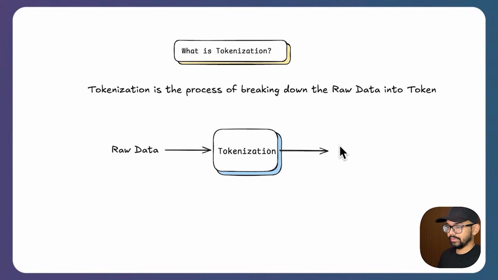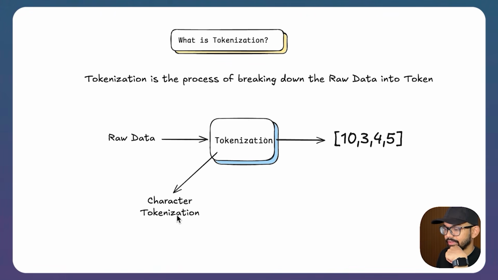So you have raw data as the input to the tokenizer, and the output is some tokens, a numerical representation of the raw data. That's what tokenization is.